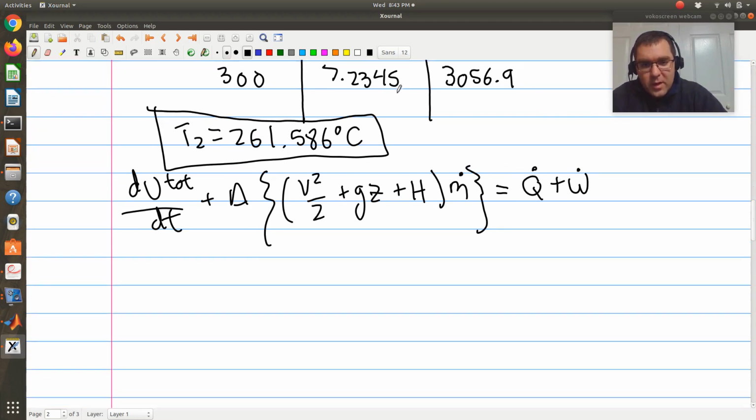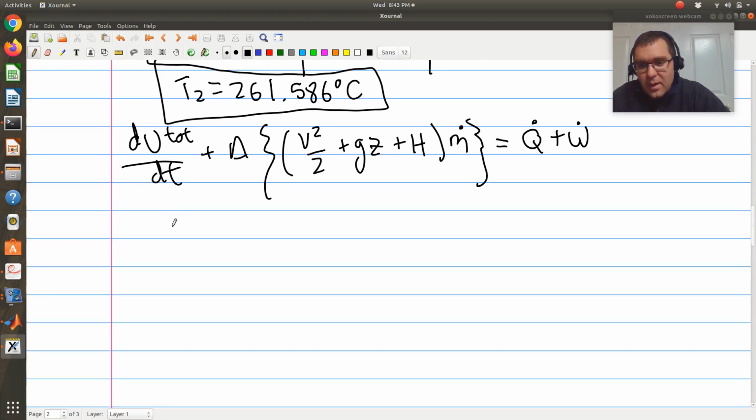Now we simplify. Simplification one: I'm going to assume that we're operating at steady state.